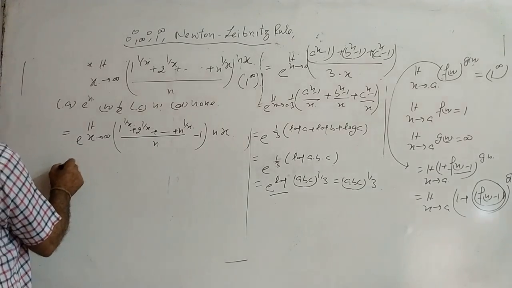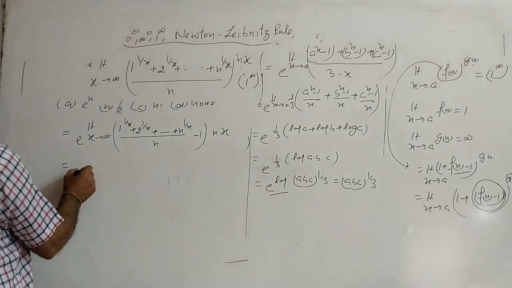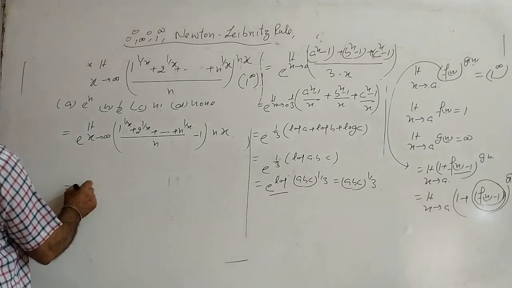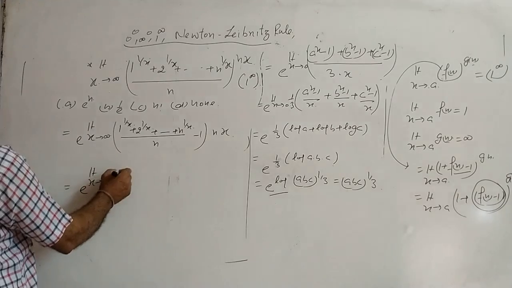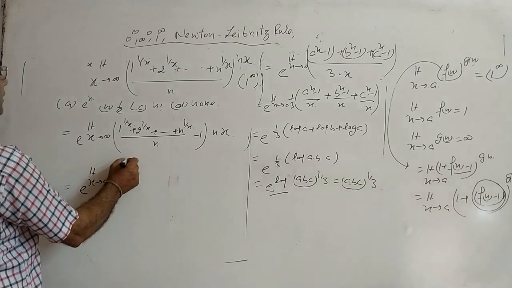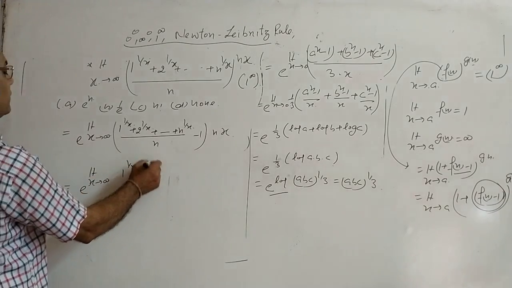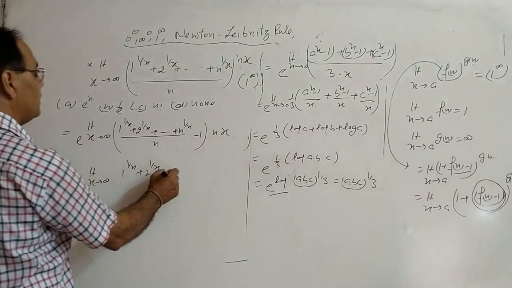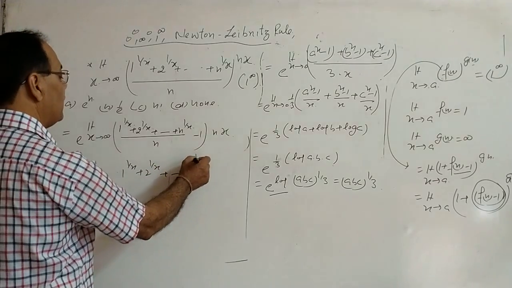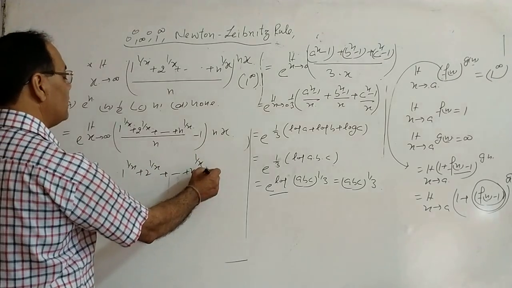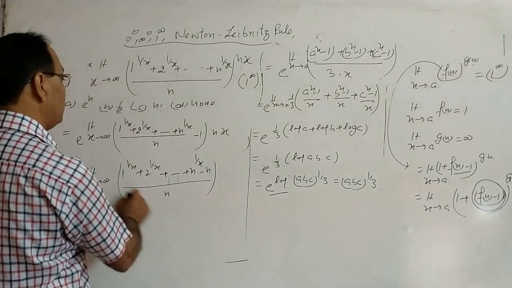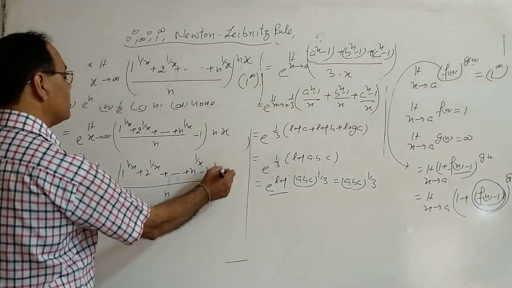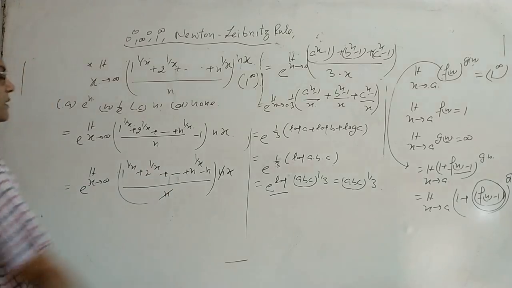Again taking the LCM, then you may write e raised to power limit x approaches to infinite 1 raised to power 1 by x, 2 raised to power 1 by x, going in this way n raised to power 1 by x minus n, then whole divided by n into n x, and this n cancels with this n also.